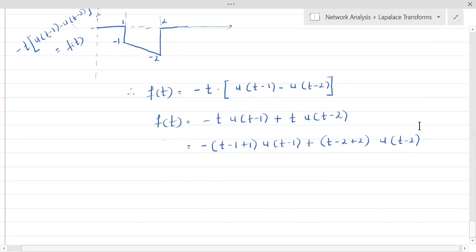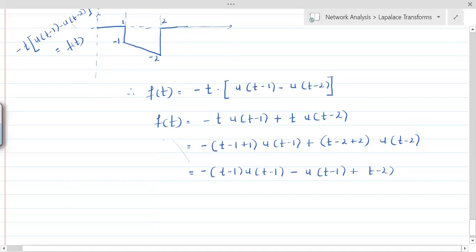You have u of t minus 1 plus 1, so this can be written as minus of t minus 1 into u of t minus 1 minus u of t minus 1, plus t minus 2 into u of t minus 2, plus 2 into u of t minus 2.